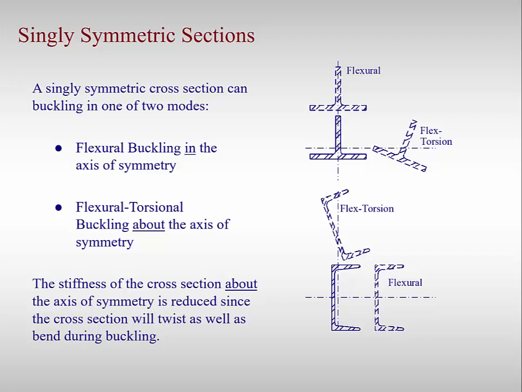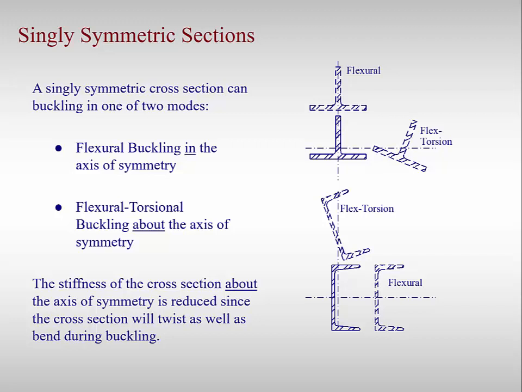For singly symmetric sections, where there's only one axis of symmetry, you have either flexural buckling about one axis and flexural torsional buckling about the other. Buckling in the plane of symmetry will be flexural buckling. For a WT shape, this is buckling in the y-axis or buckling about the x-axis.